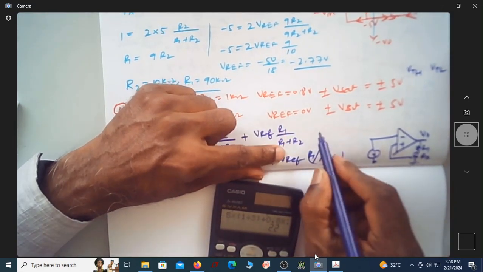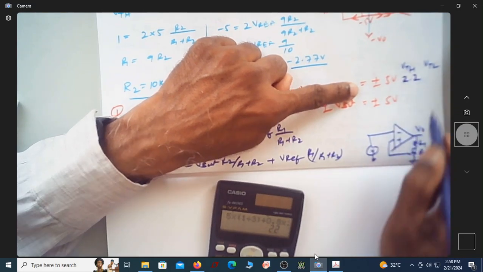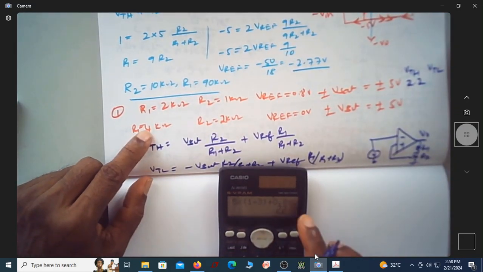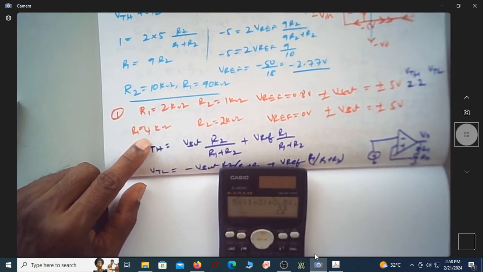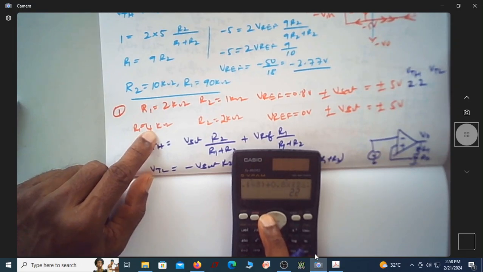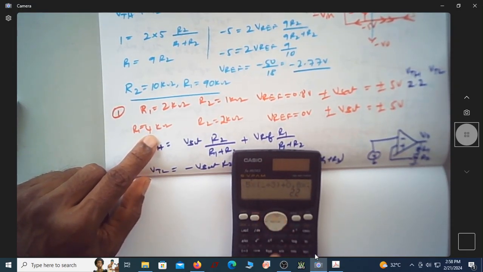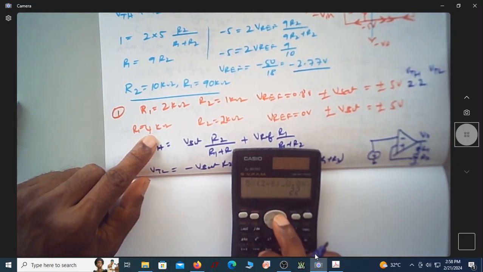So this is now 2.22. VTH is 2.2. Let me just complete it, because I already have the VTH equation, so let me replace this by, it is now 2 by 6. 2 by 6 happens to be the same, 1 by 3 only. Next, V reference is actually 0.